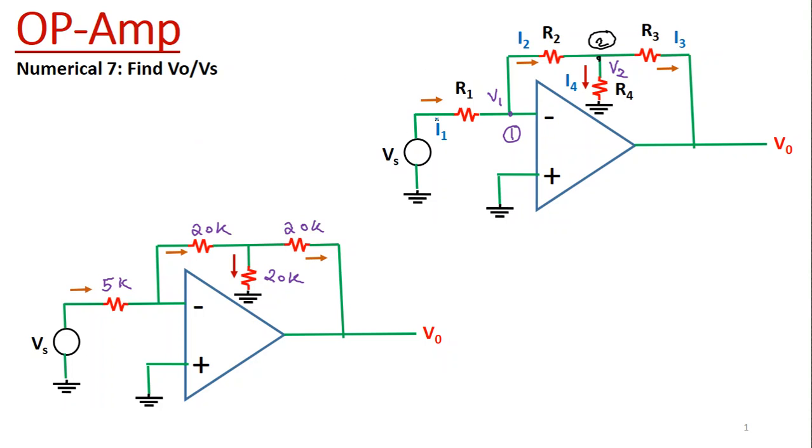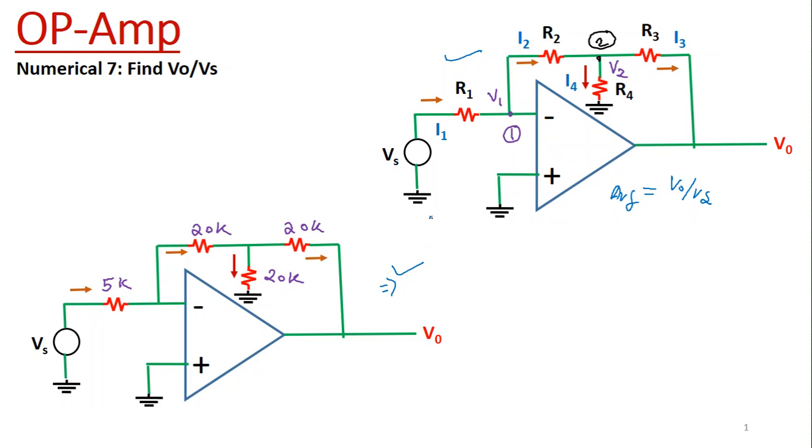That is the feedback gain AVF we have to find out, and after finding this VO upon Vs we will find the numerical value of the gain for this circuit diagram.